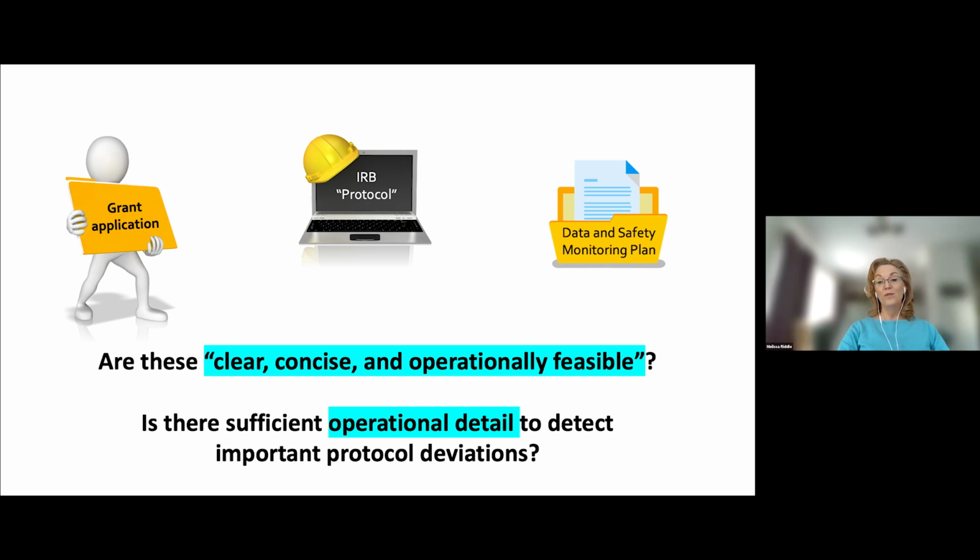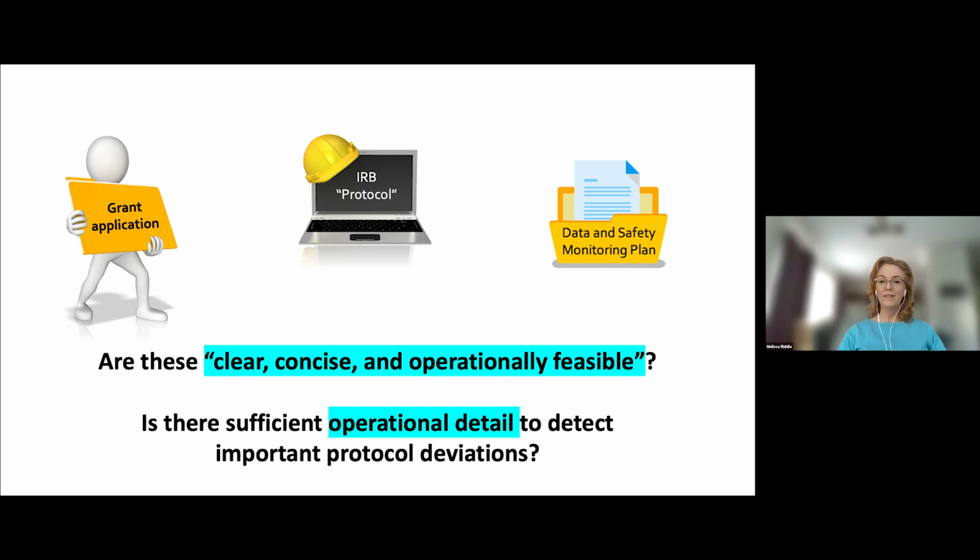But I think it's reasonable to ask at this point, wait a minute, don't we have study documents like this? For instance, we have a grant application where we describe the study. We have an IRB protocol, which is the document that is typically sent into the IRB for review. And we have a data and safety monitoring plan. All of these documents are required by NIH before a study can move forward.